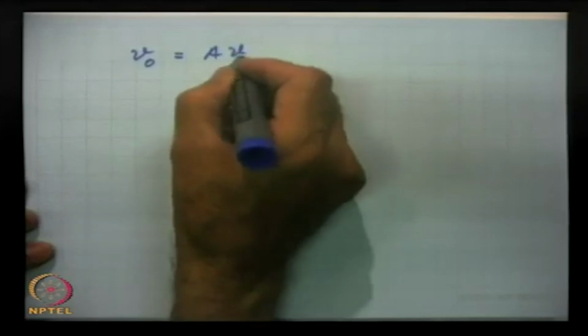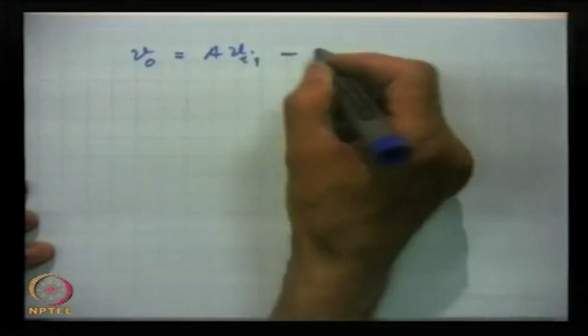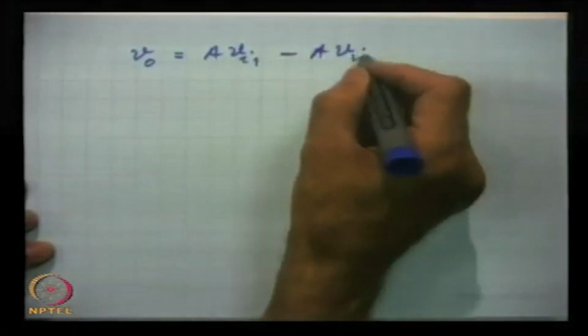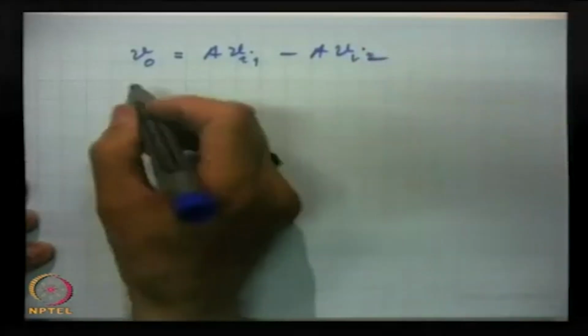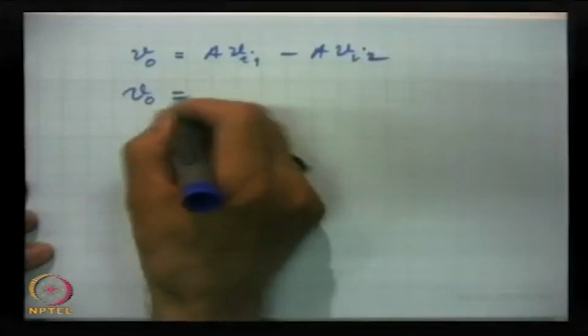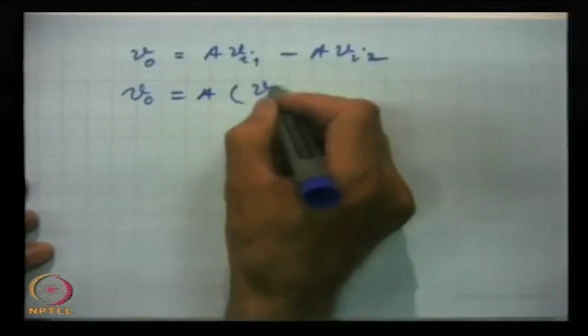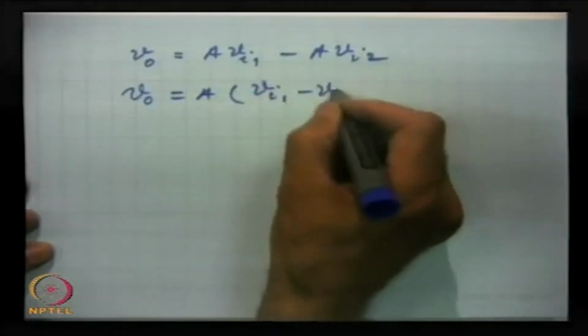Therefore, VO will be equal to A Vi1 minus A Vi2, or VO is A times (Vi1 minus Vi2), as A is common.